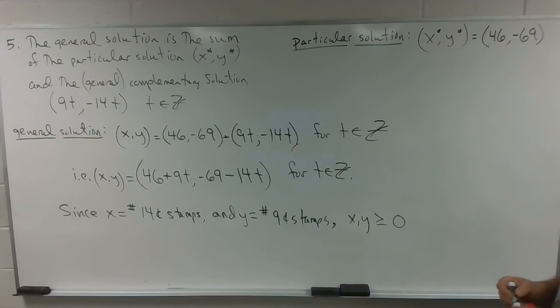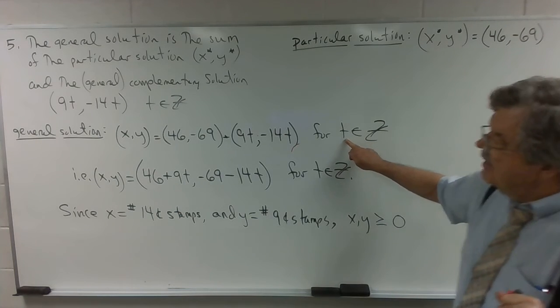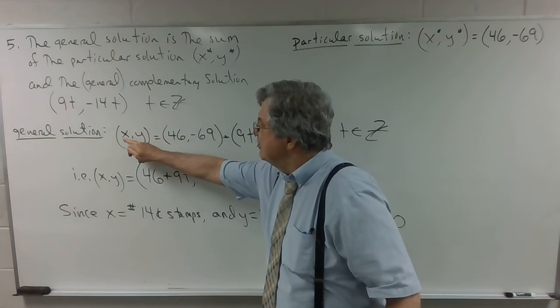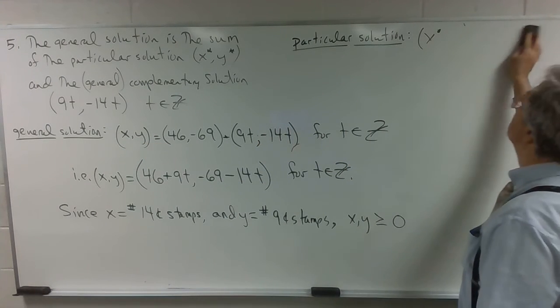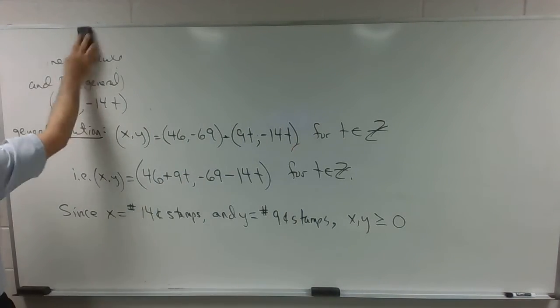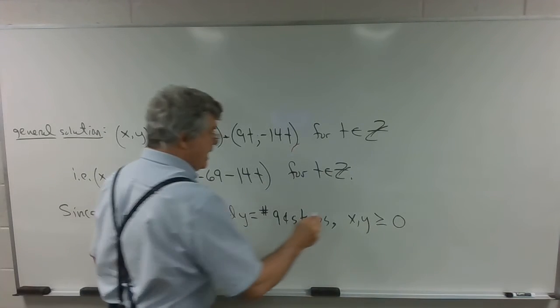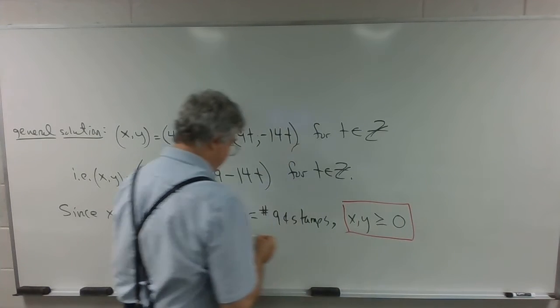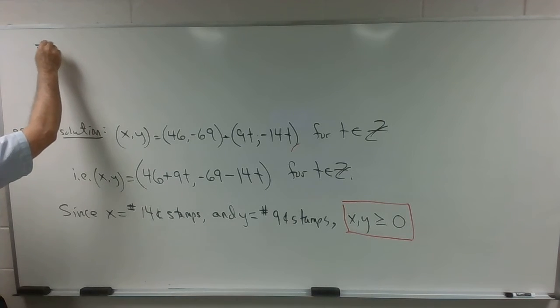X and Y both have to be greater than or equal to 0. So it turns out that for our application, only those values of t that yield non-negative values both for X and for Y are going to be valid. So X and Y have to be greater than or equal to 0. So what does this tell us?